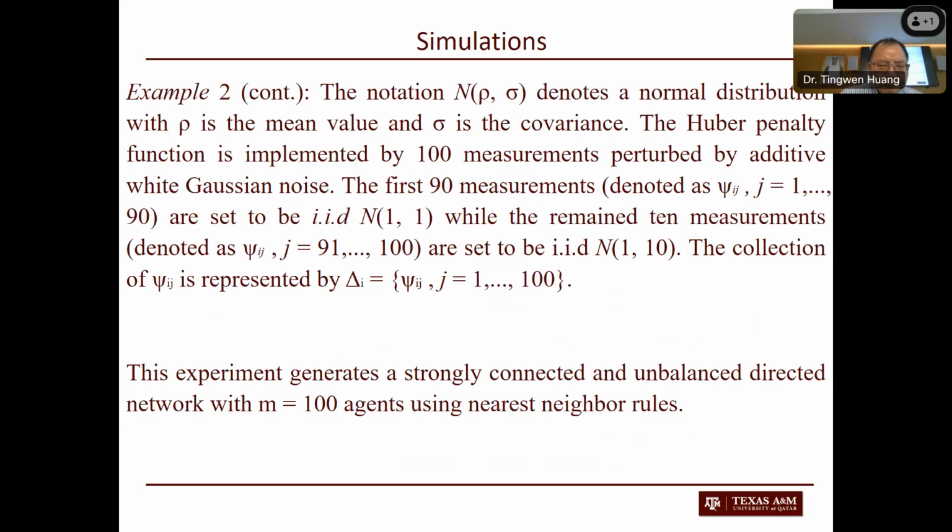With the Gaussian noise, the first 90 measurements, denoted by phi ij, j from 1 to 90, are said to be independent and identically distributed with center 1 and covariance 1.